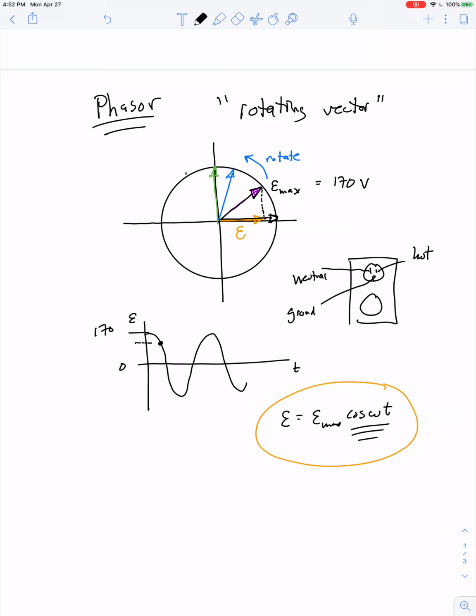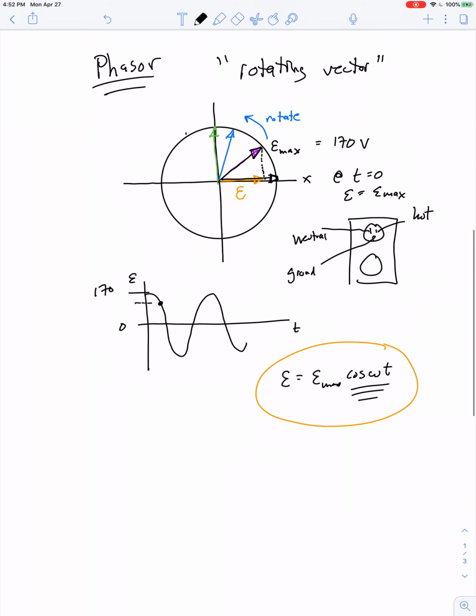Then 100% of it projects onto the x-axis. And so at time t equals 0, the EMF is the maximum value. Now, if we go far enough in time that we go a quarter cycle, then the phasor is pointing directly along the y-axis, and it has 0 projection onto the x-axis. So at that moment in time, the EMF is 0.